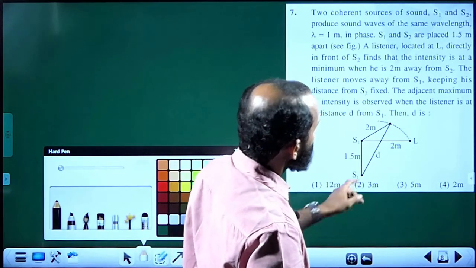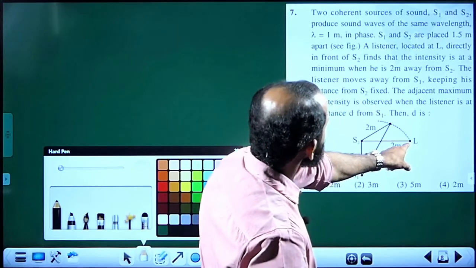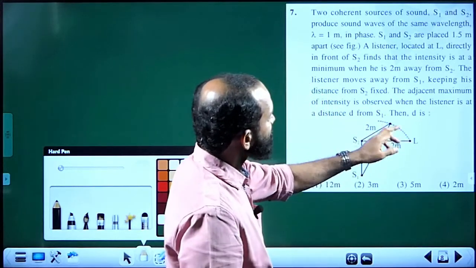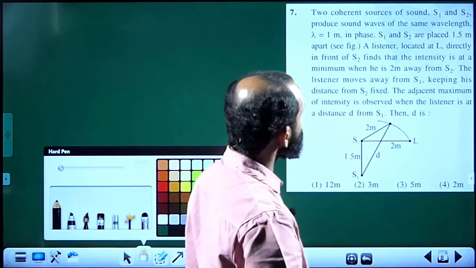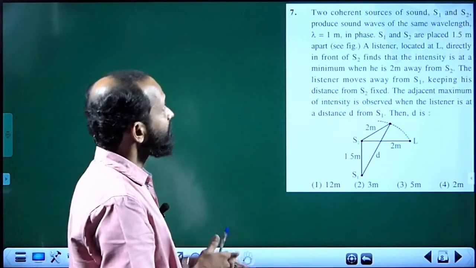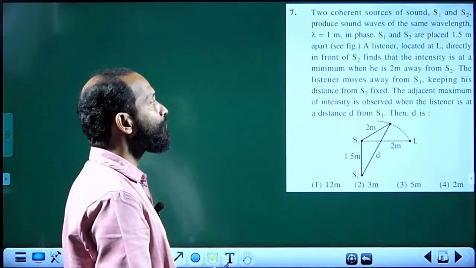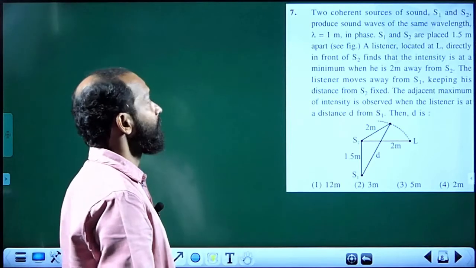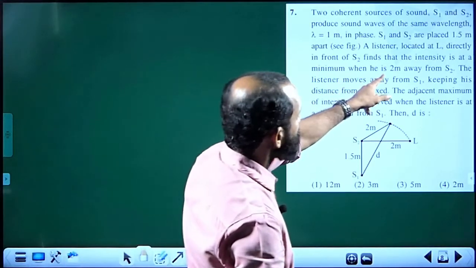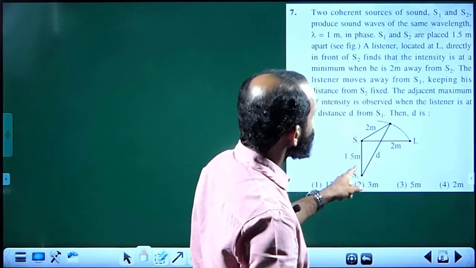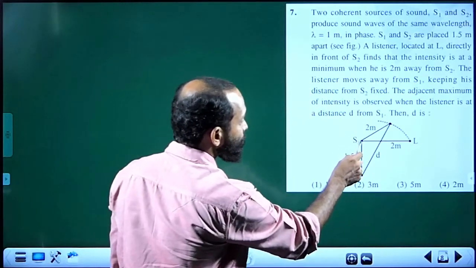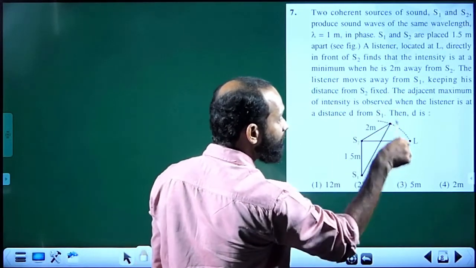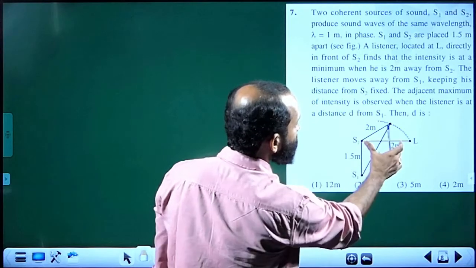That means he undergoes destructive interference at a distance of 2 meter from S2. So the distance from S2 to the point L where a minimum is observed is 2 meter.